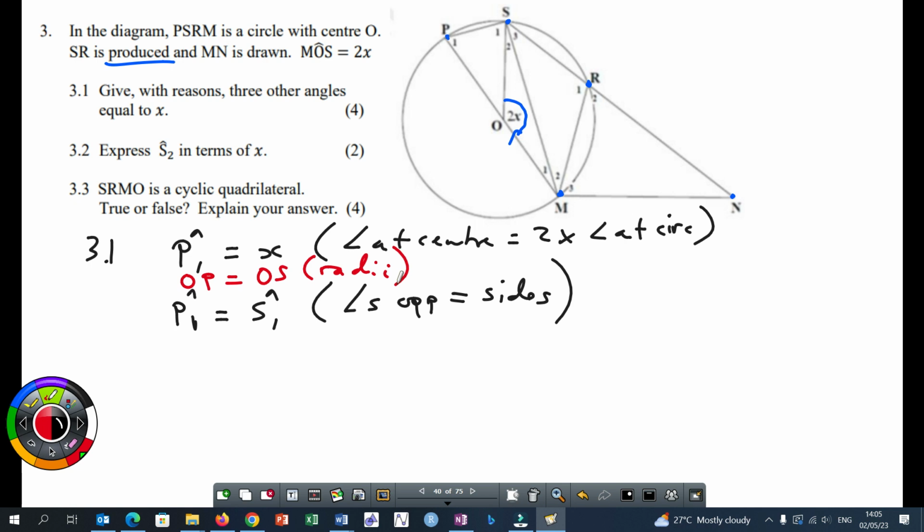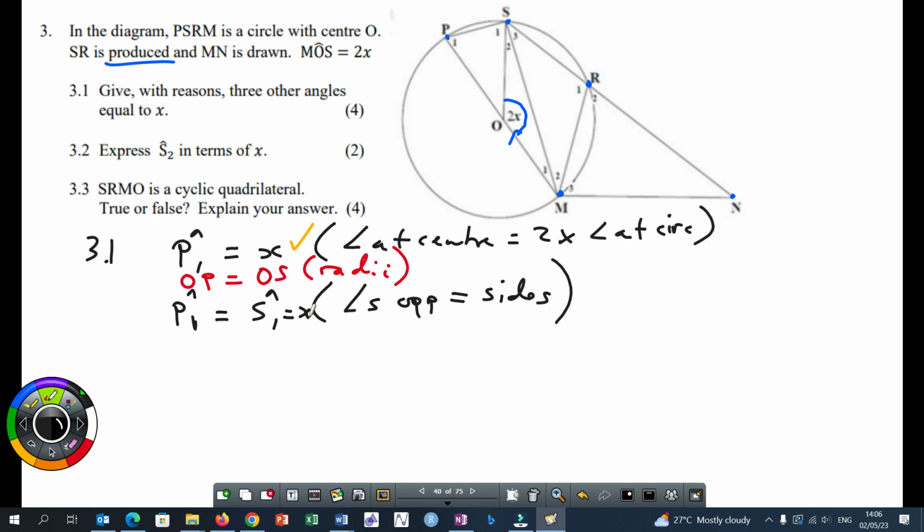Then, so we have this one is x, right? This one is also x. So we have two angles now. Which one will be the third one? Could we say P1 is what? It will be R2. Why R2? Exterior. How do you state that properly?